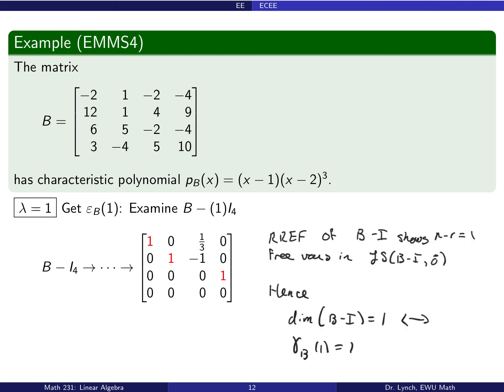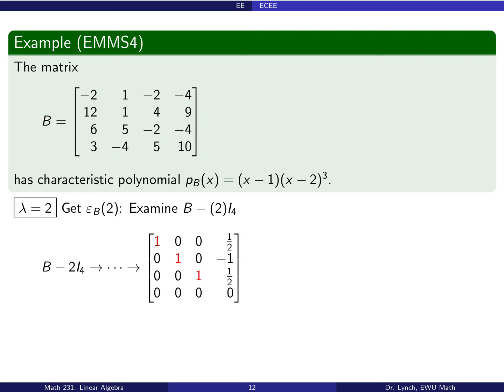Since the reduced row echelon form of that matrix B minus I shows one free variable in the corresponding homogeneous linear system, we know that the geometric multiplicity, gamma sub B, corresponding to the eigenvalue 1 is 1.